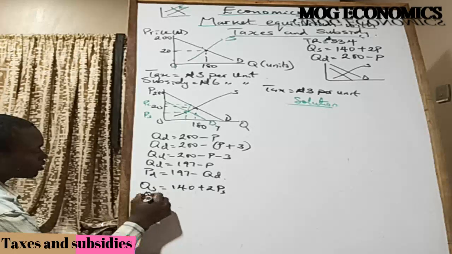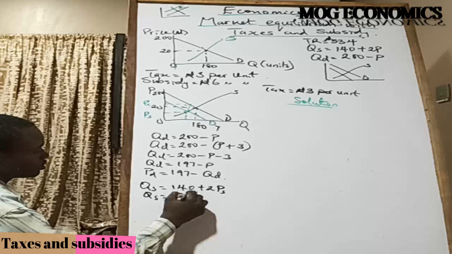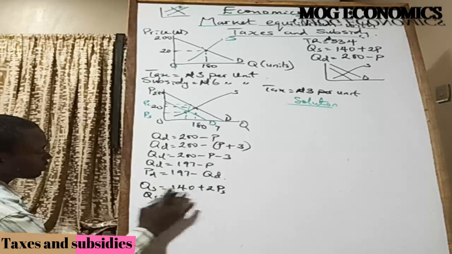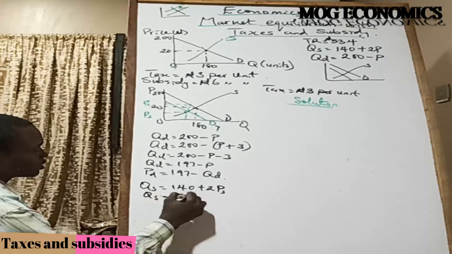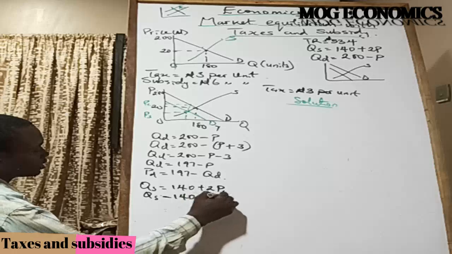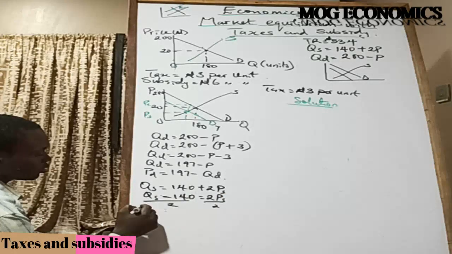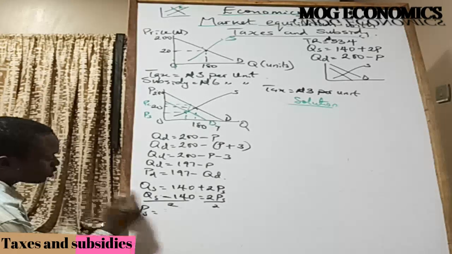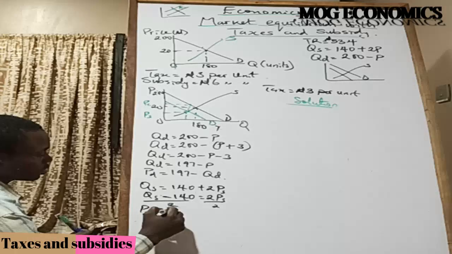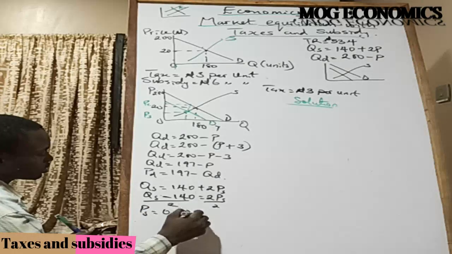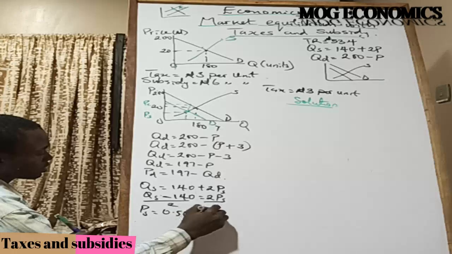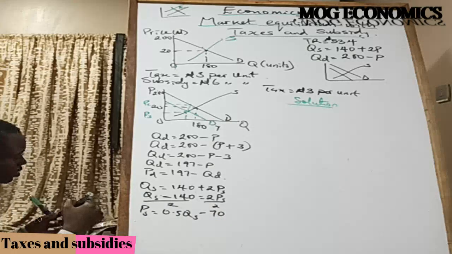I think we had QS minus 140 equals 2PS, divide through by 2. We already did this the other time. So PS equals 0.5 QS minus 70.